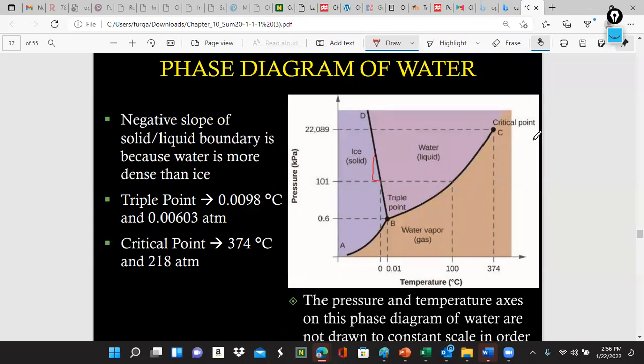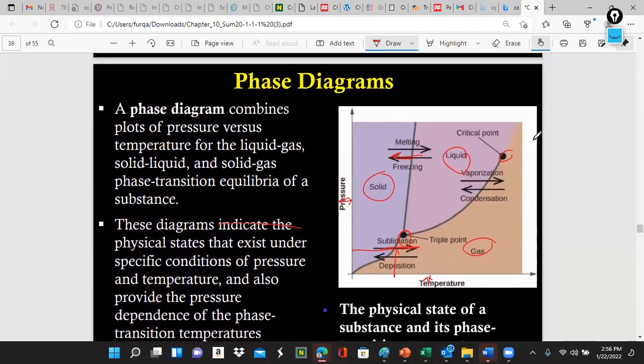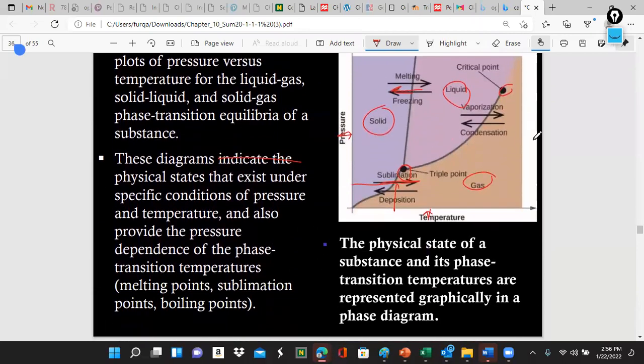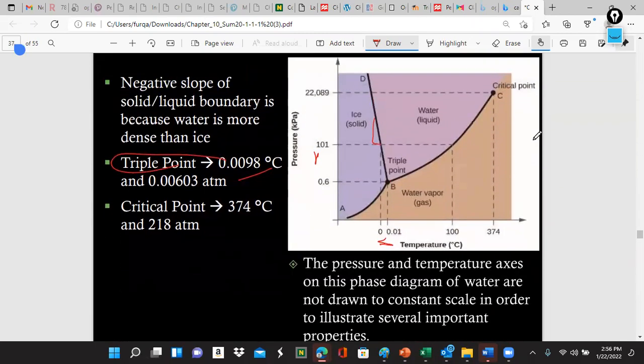If we keep the temperature at, we see how low the temperature is and how low the pressure is, we can actually have it at the triple point. What is the triple point then? The triple point is where the sample exists simultaneously in all three physical states.